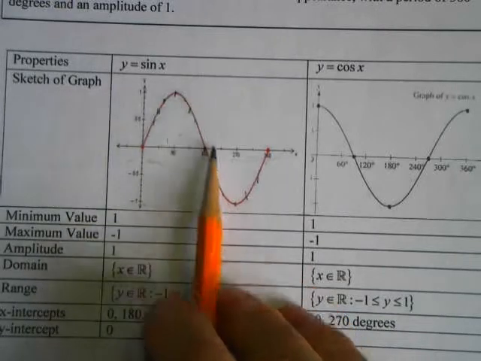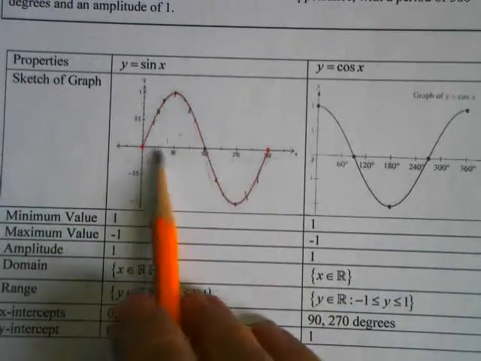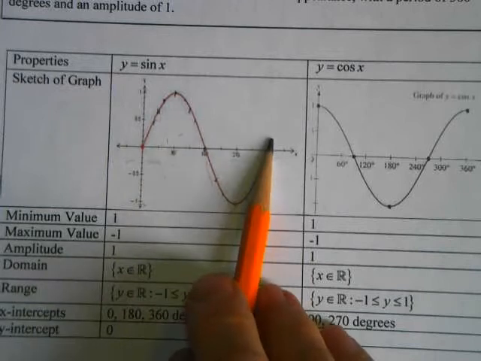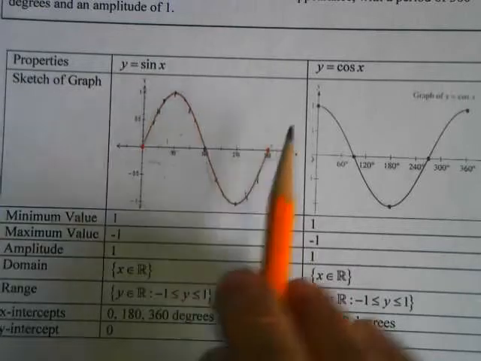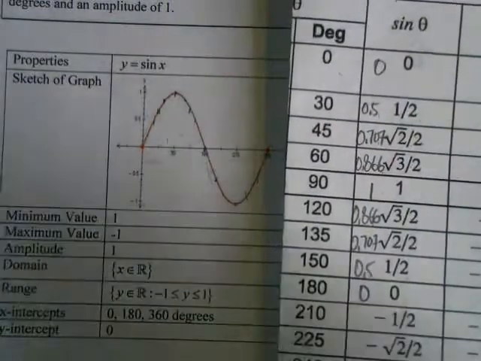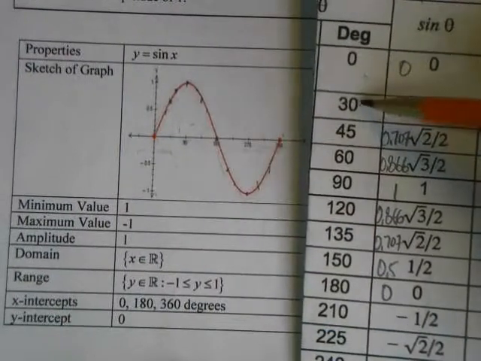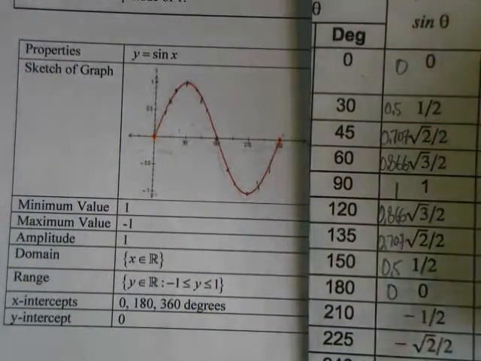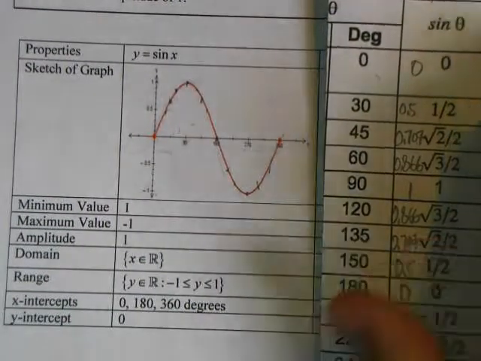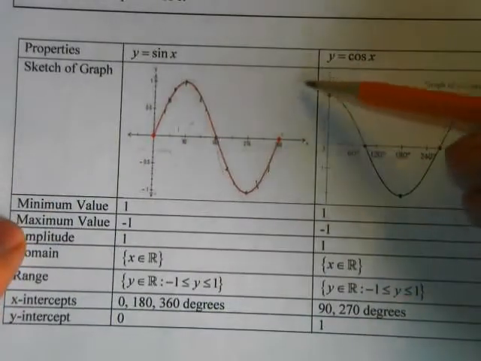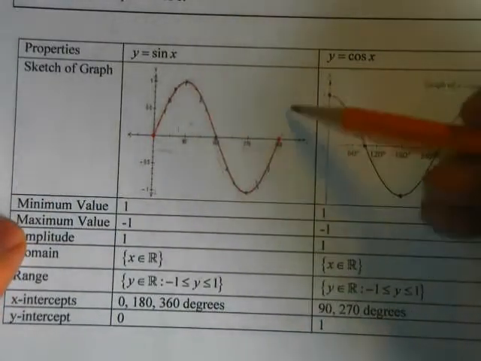And you can see it ends where it began. Now, if we kept going around the circle a second time, if we got up to, say, 390 degrees, well, 390 degrees is the same as 30. Those are coterminal angles. So as we go around the circle a second time, we would just repeat these same values over again.